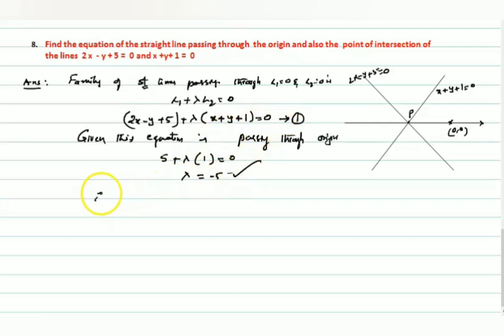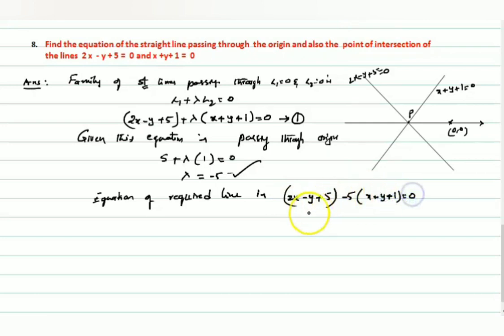Therefore, the equation of the required line is, substitute lambda here, that is 2x minus y plus 5 minus 5 into x plus y plus 1 is equal to 0. Alright, this is 2x minus y plus 5 minus 5x minus 5y minus 5 is equal to 0.